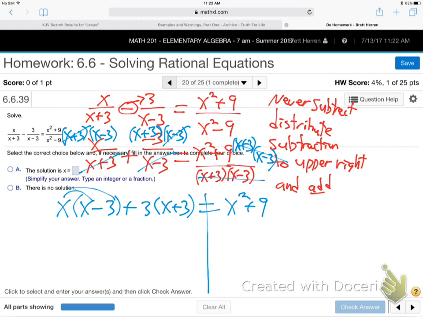And then distribute. x squared minus 3x, boom, boom, boom, 3x plus 9, x squared plus 9.